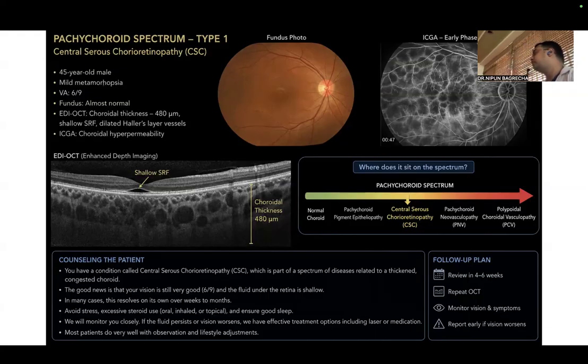One mineralocorticoid antagonist. There's a study also on that. It is being used and the results are good. So Dr. Shreya, can you name that mineralocorticoid antagonist which is used in chronic CSR? No, no, it's a diuretic.